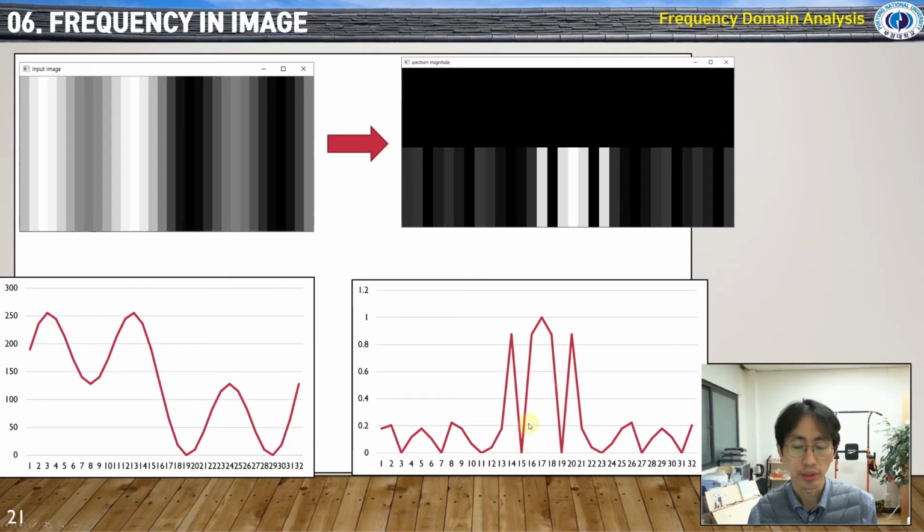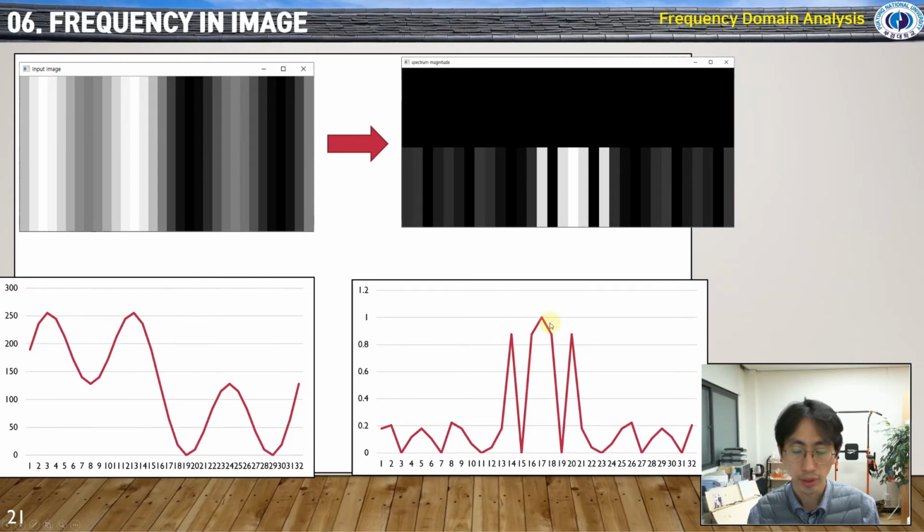And this Fourier transform graph denotes the powers according to the frequencies. Here you may notice that the widths of these graphs are the same. The width of the original image was 32, and the width of the transformed image is also 32.